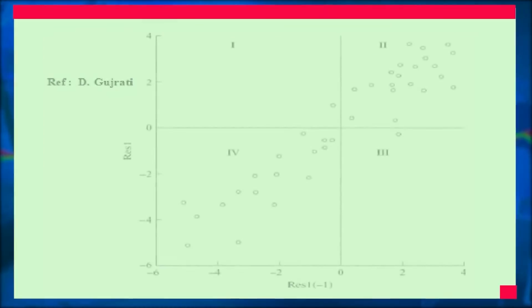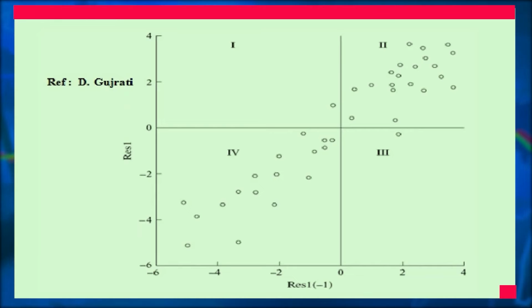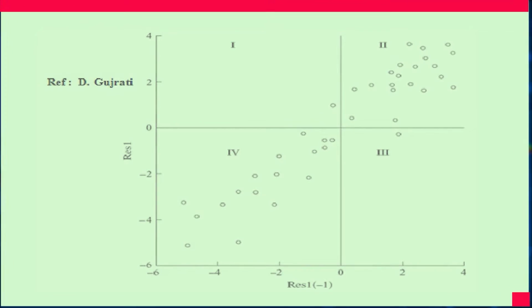On slide number 5, we observe that there are 4 quadrants, or 4 zones, in this diagram. Residual t is plotted on the y-axis, and residual t minus 1, the 1-period lag value of the residual series, is plotted on the x-axis. The scatters start from zone 4 and tend to go to zone 2 in an increasing order.